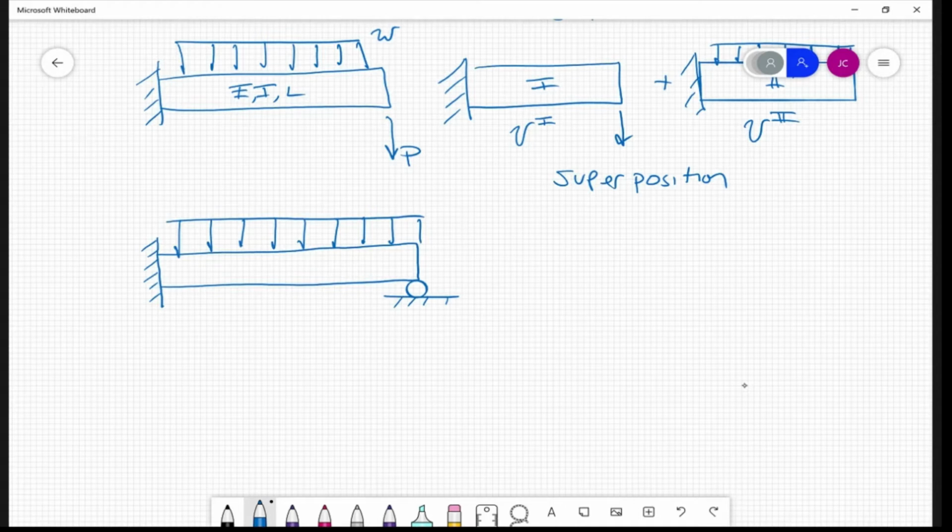Now you could have this case, and I don't know, there's probably a problem like this.